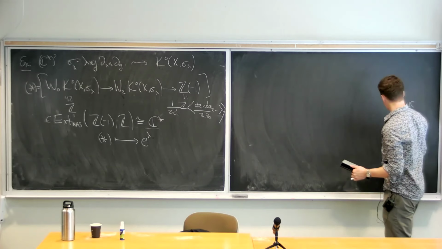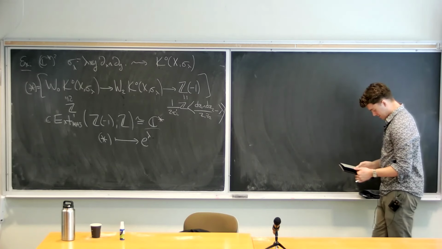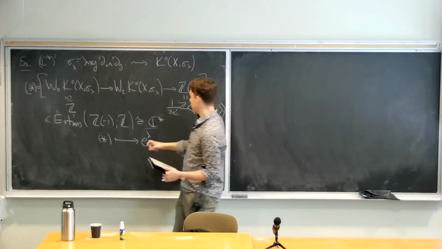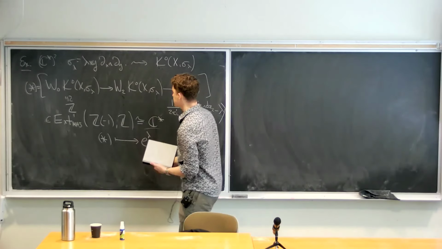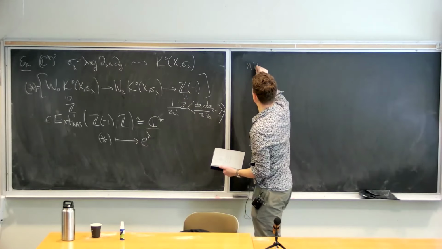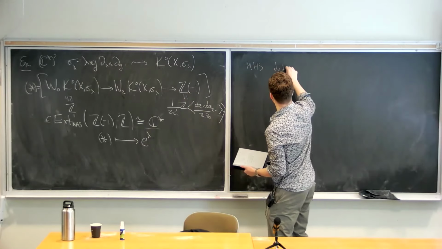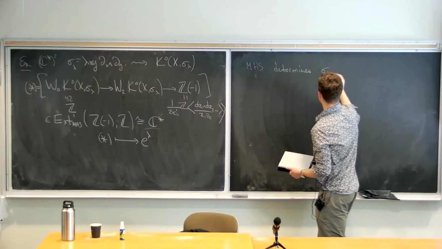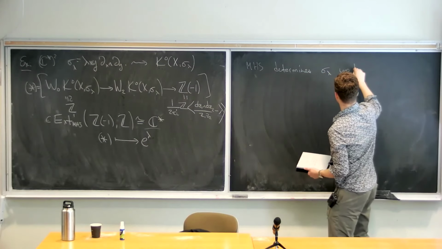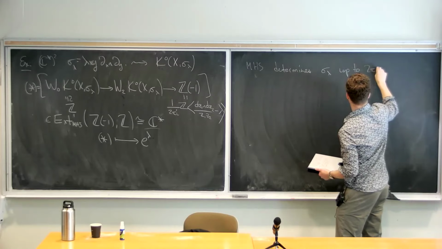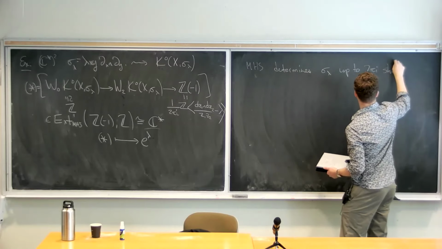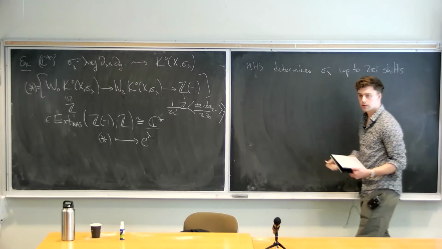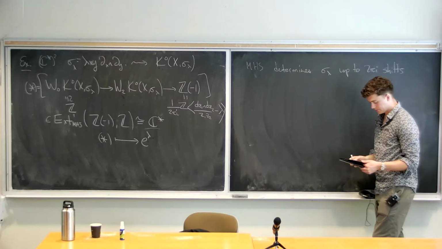If you know, let me know. This is also interesting because it means the mixed Hodge structure determines this Poisson structure up to 2 pi i shifts. If I could take a logarithm, then I would know the Poisson structure.